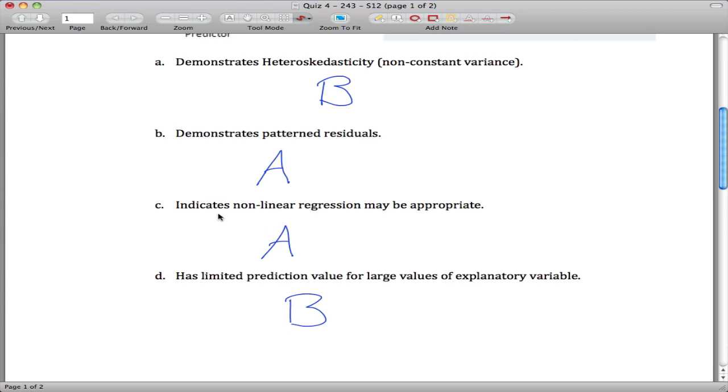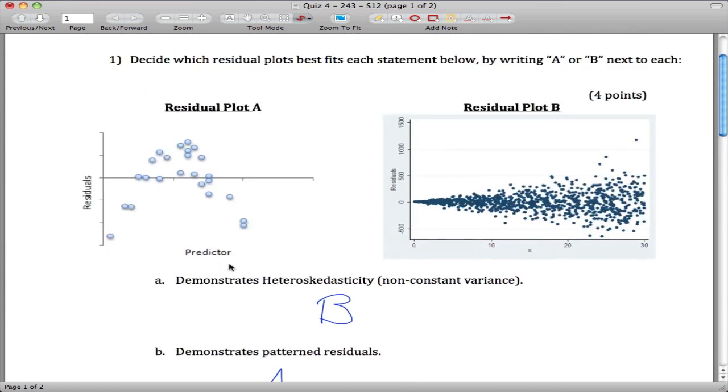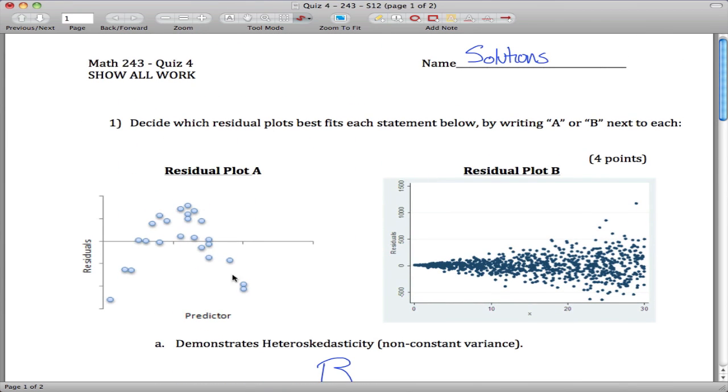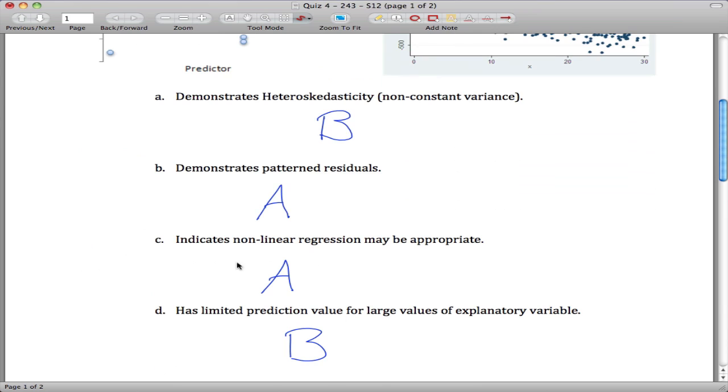Nonlinear regression may be appropriate in this case because this pattern of residuals is telling us that the line we fit was above and then below and then above the actual value. When you have this pattern in residuals, you shouldn't have used linear regression.